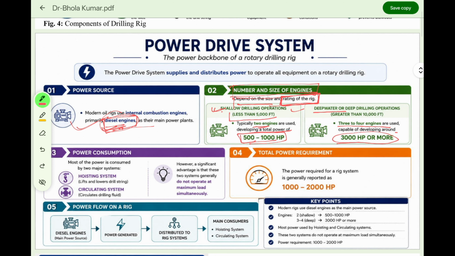So depending upon the depth you are going to drill, one, two, or three engines are required.